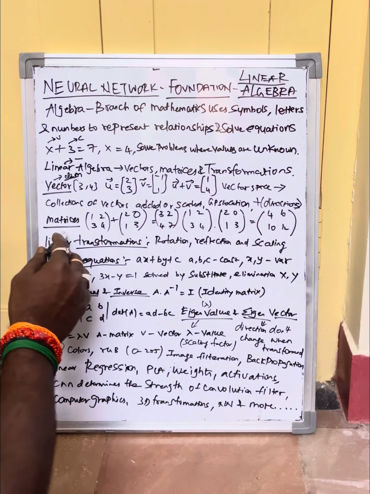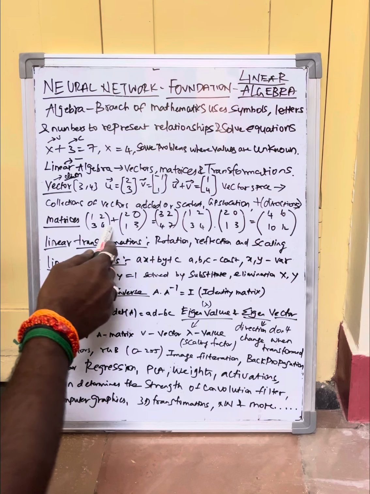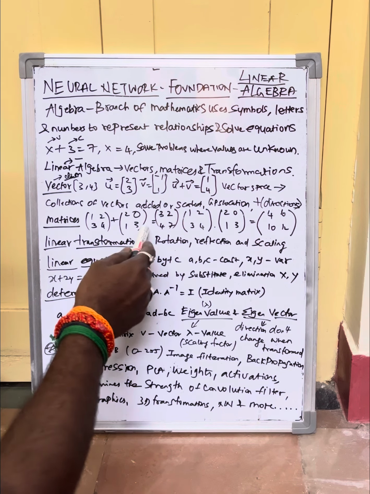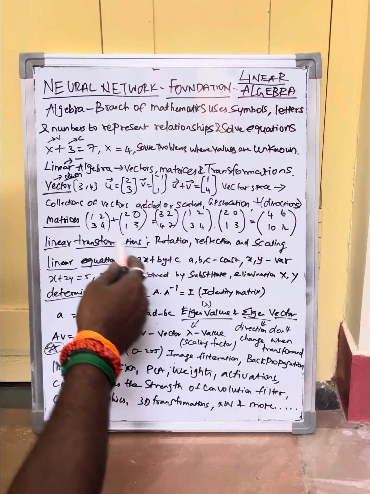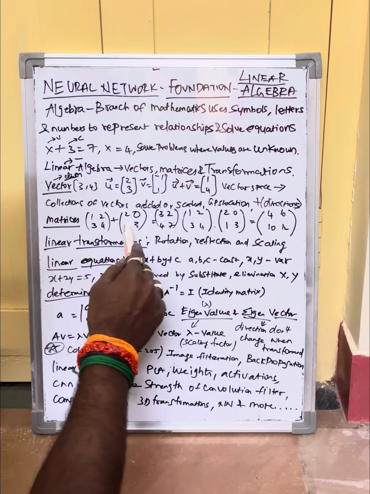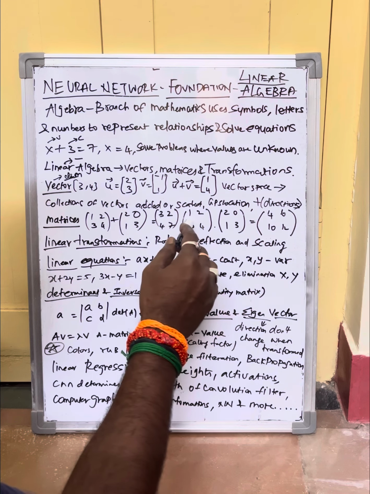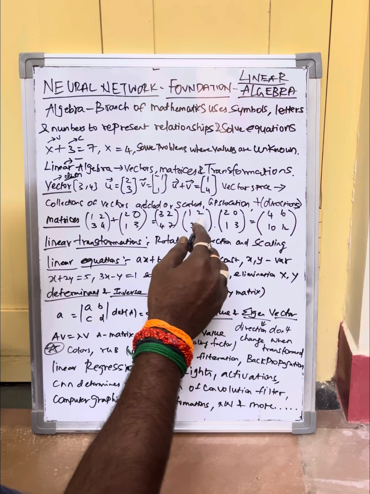And we'll come to matrices. Say, for example, we have [1, 2; 3, 4] and [2, 0; 1, 3]. When added, it's a direct summation: 1 plus 2 is 3, 2 plus 0 is 2, 3 plus 1 is 4, and 4 plus 3 is 7. When multiplied, we have to multiply and add.